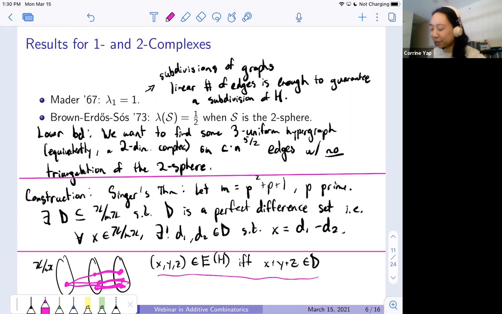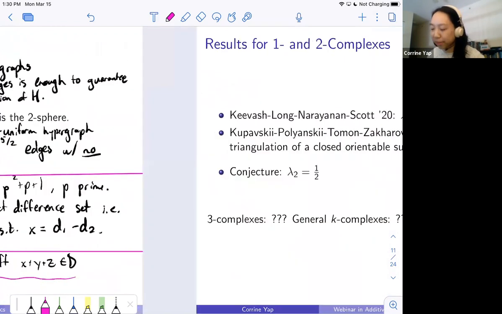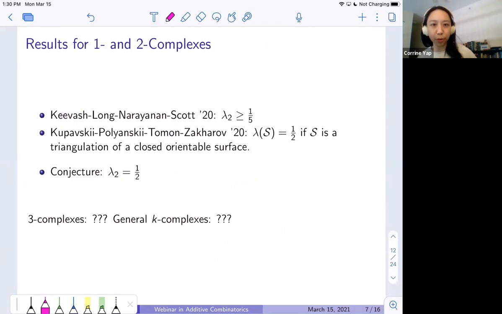Okay. So then let's move on from the historical results to what's been done more recently, since Nati Linial posed this question of what is this universal exponent. About a year ago, Peter Keevash, Jason Long, Bhargav Narayanan, and Alex Scott showed the first lower bound for the exponent in 2 dimensions: lambda 2 is at least a fifth.